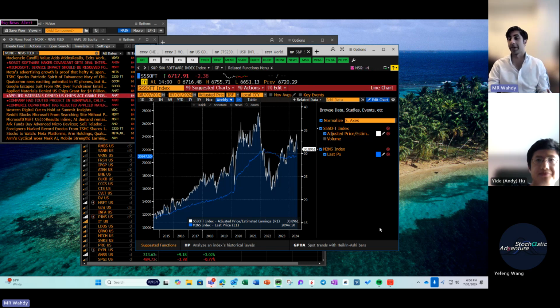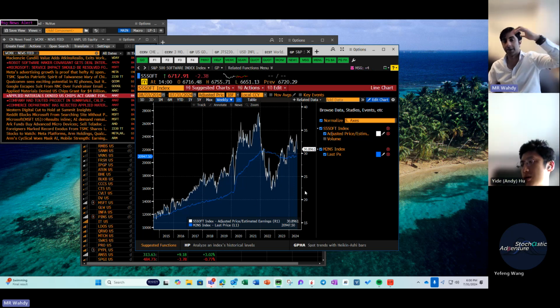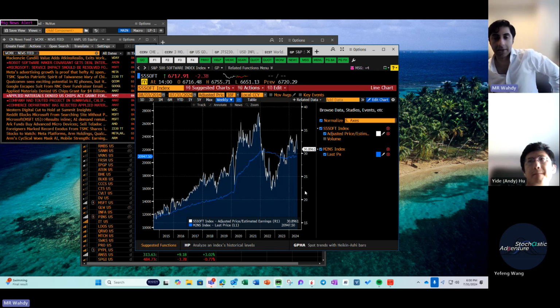Software is not growing that rapidly right now. This was the high growth era, and the multiple is well above that range. So the question is, why is the multiple in that range? It's because the liquidity in the system is much higher than it was in the past. Because you have this big increase in liquidity, therefore you're going to have this impact.